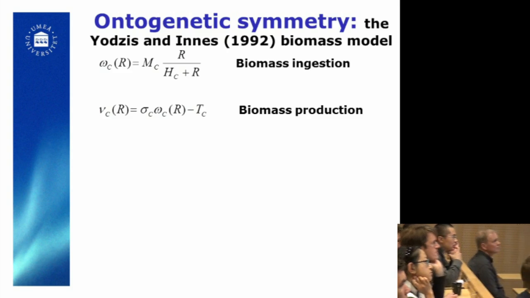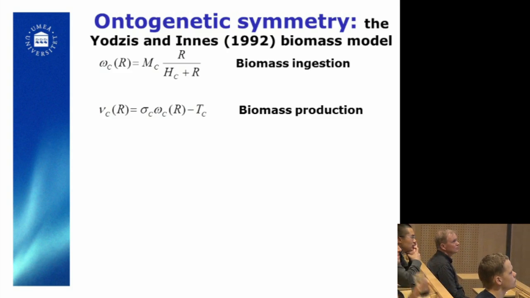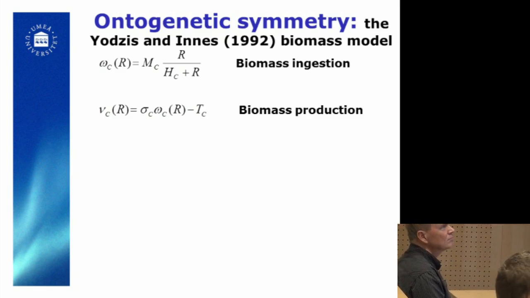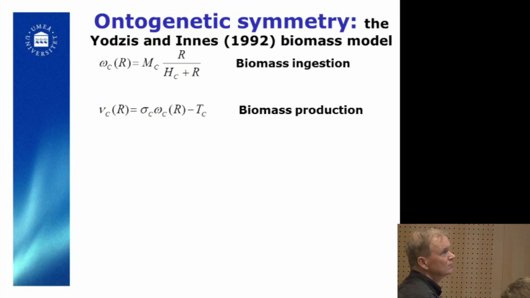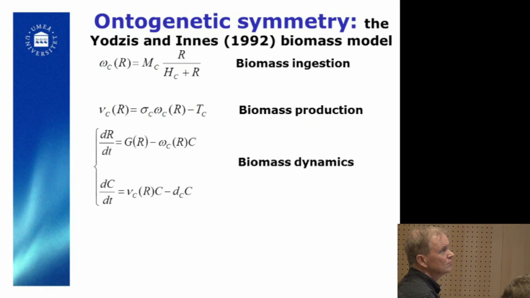Then we have the other aspect, the net biomass production, which is the intake times the conversion efficiency, sigma, minus metabolic demands. So that describes the net production of new biomass in the population.